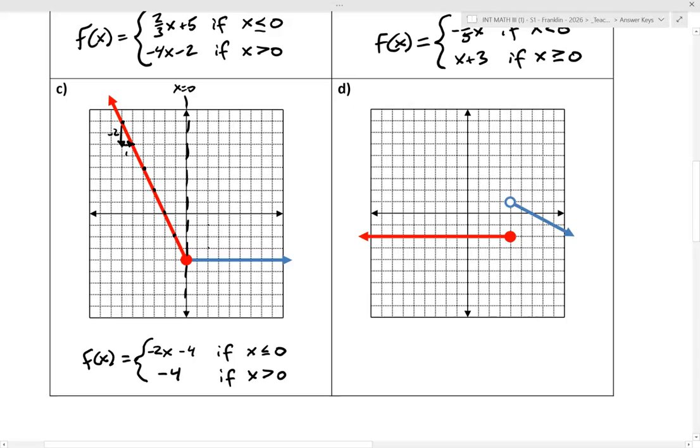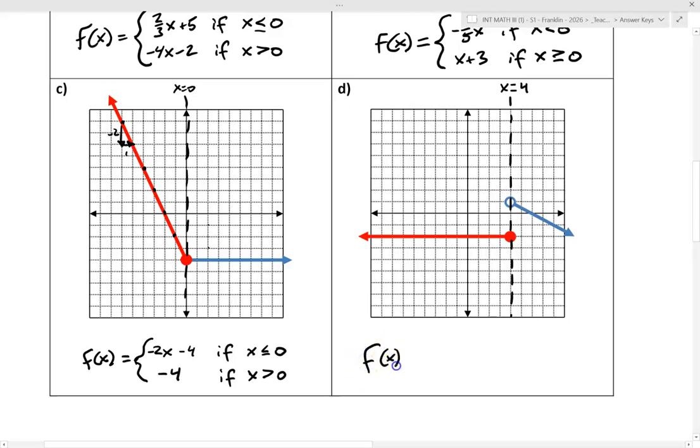Okay, and for our final example here, looks like our line where the graph changes is not at 0. This is at the line x equals 4. So let's see if we can figure this out.